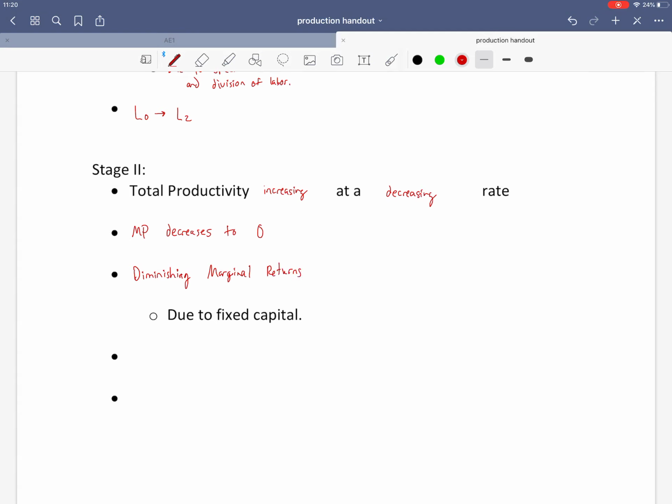Now, during stage 1, we had increasing marginal returns, which meant that every additional worker was contributing more than the previous. But now in stage 2, when we have diminishing marginal returns, this means that each additional worker contributes less than the previous.